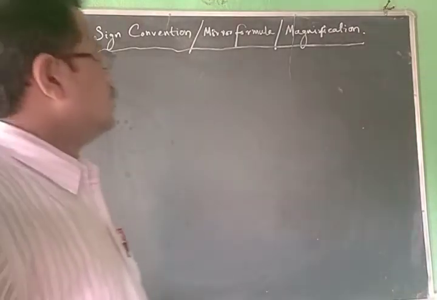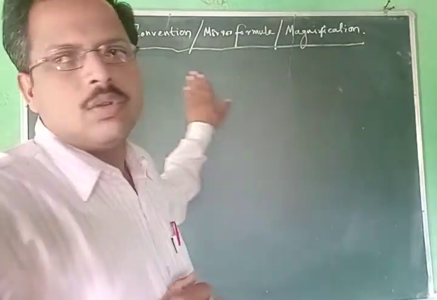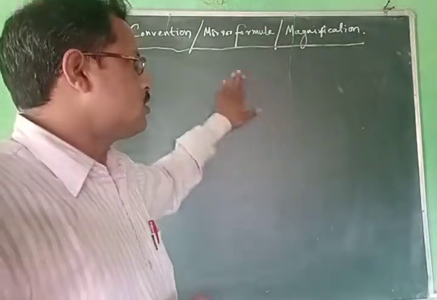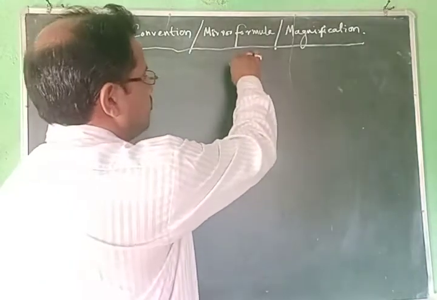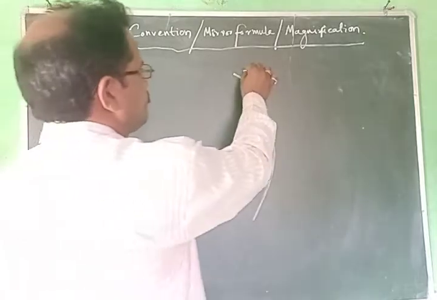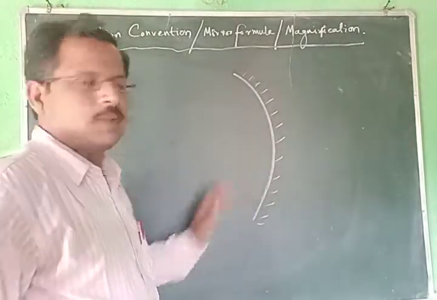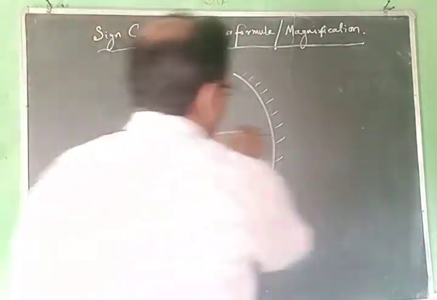So according to the new Cartesian sign convention, suppose we draw a concave mirror. This is the principal axis.